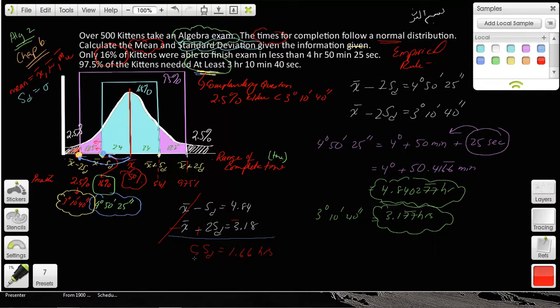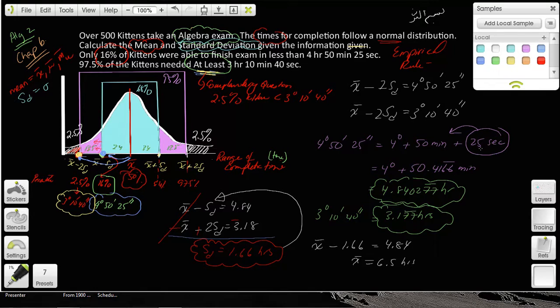So standard deviation is 1.66 hours. From this you can calculate the mean, because you can substitute it right here. So mean minus 1.66 equals 4.84, and then you get the mean to be 6.5 hours.